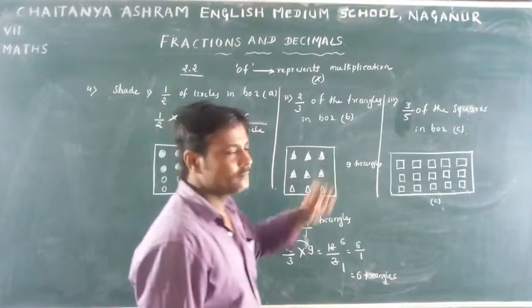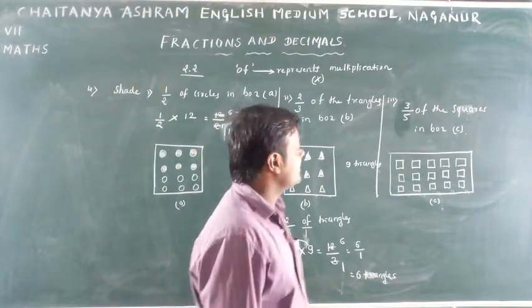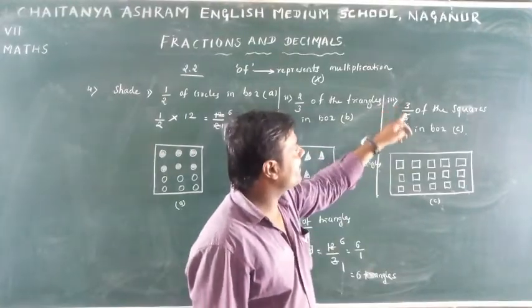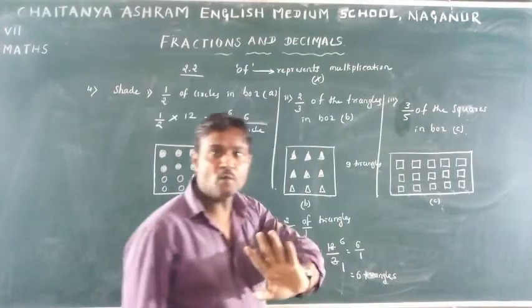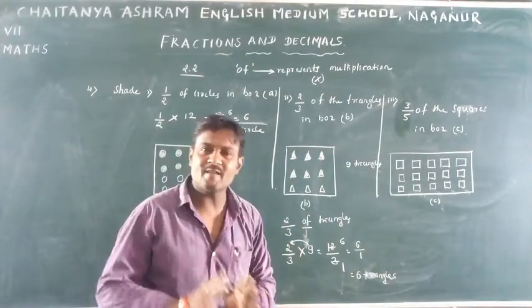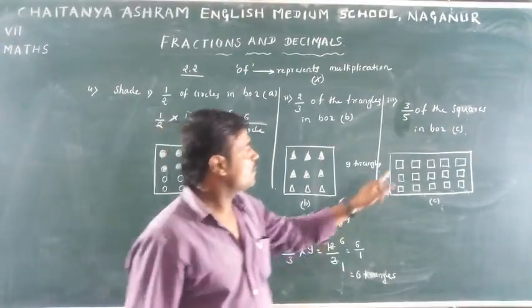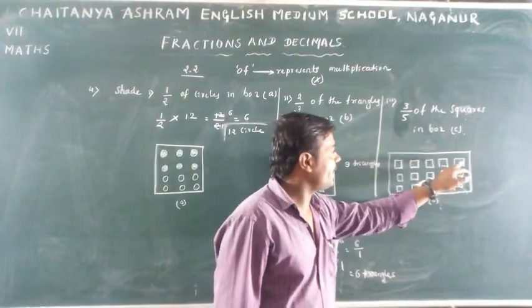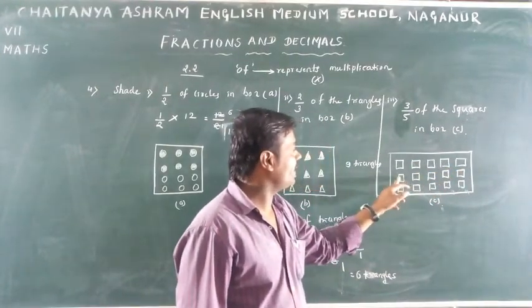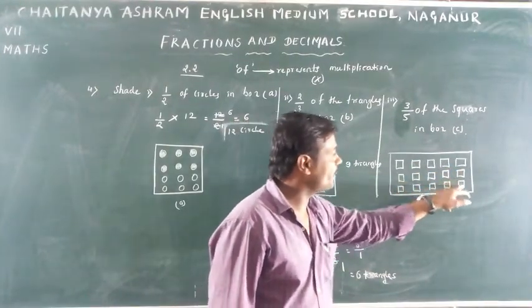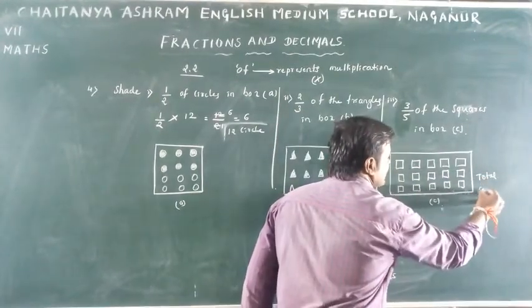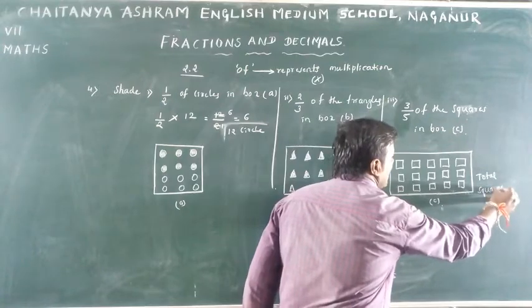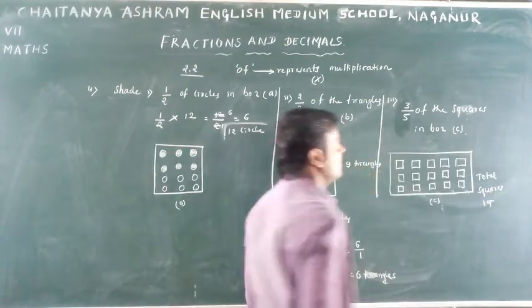See the third one. Very interesting. Shade 3 divided by 5 of the squares in the box. First count: how many squares are there in the box? 1, 2, 3, 4, 5, 6, 7, 8, 9, 10, 11, 12, 13, 14, 15. Total squares in the box: 15.